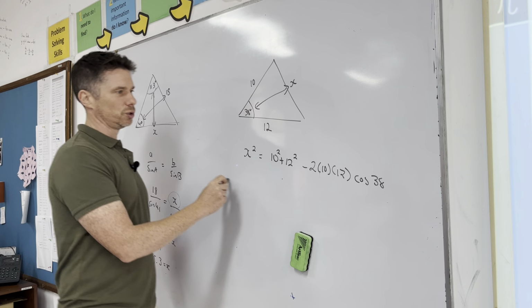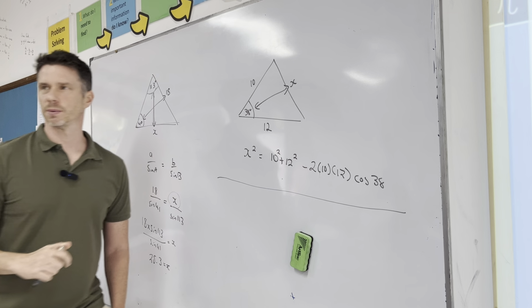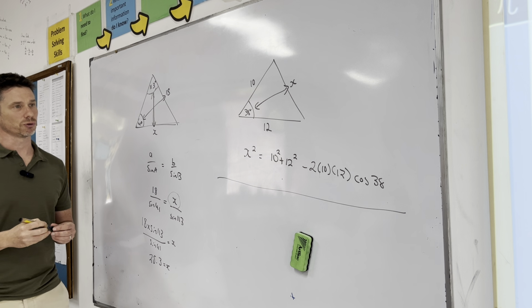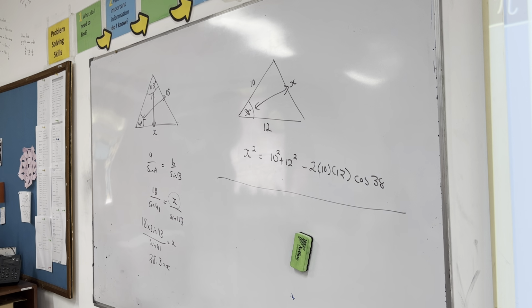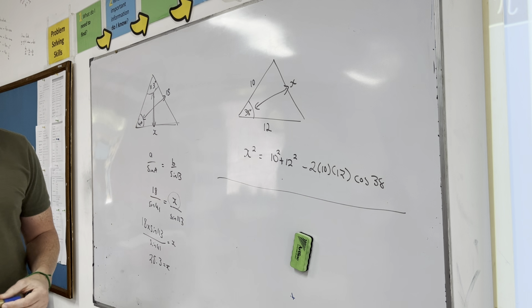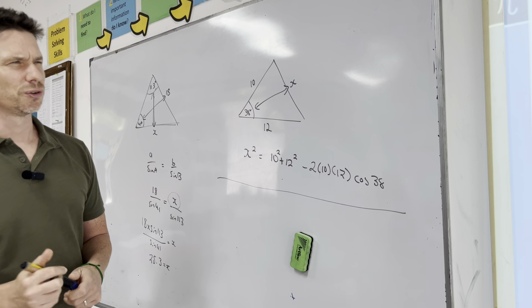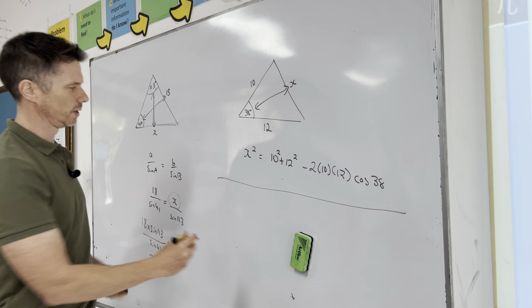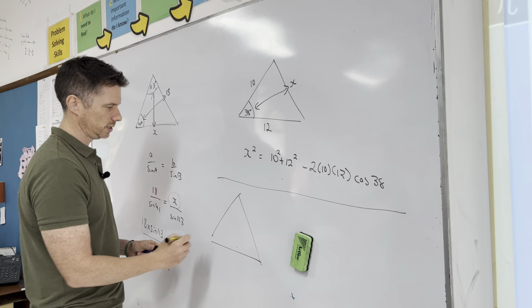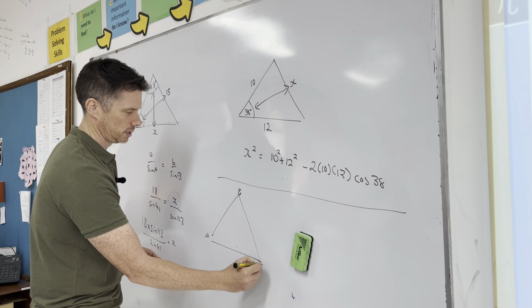For the other one, I'm going to do the word problem. Anytime I see a word problem with triangles, I would try and draw the triangle. AC over here is 8. So find the measure of angle C, and all right, let's draw triangle ABC.